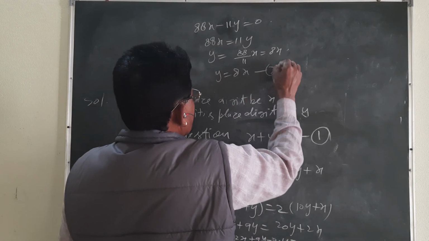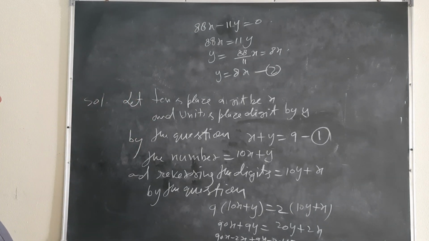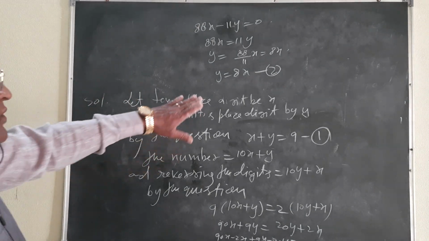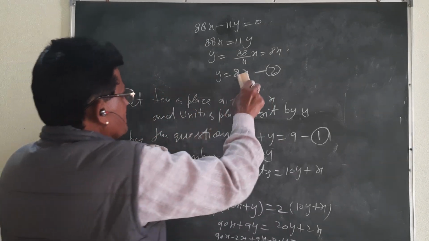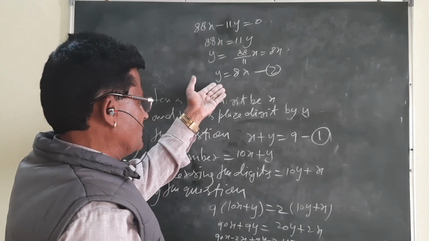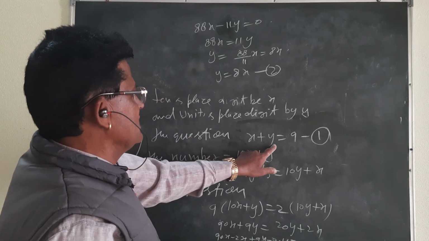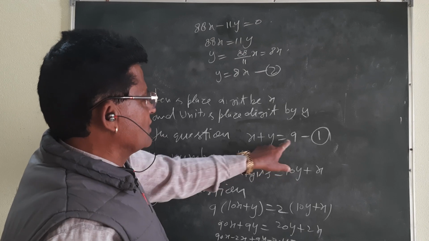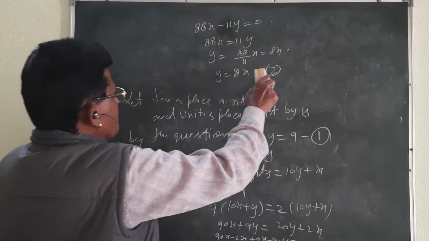You will have to solve 1 and 2. You can solve 1 and 2 by the substitution method or by the elimination method. Whatever method you want to apply, you can apply. X plus y is equal to 9; if you want to apply this, you can. That depends upon you.